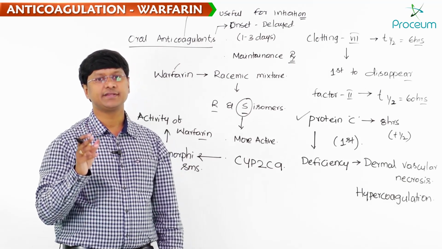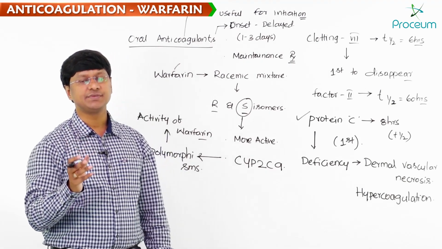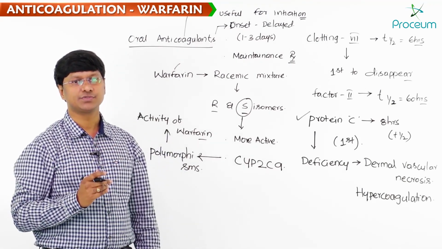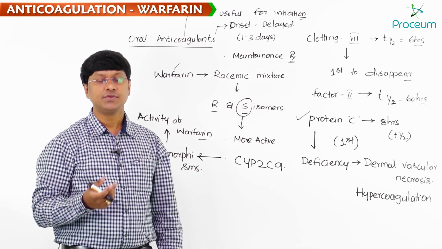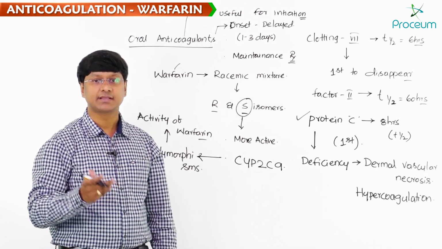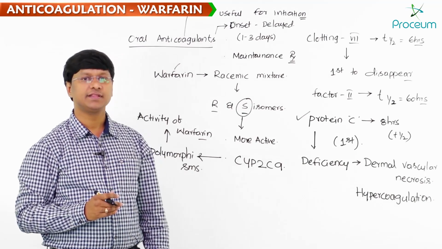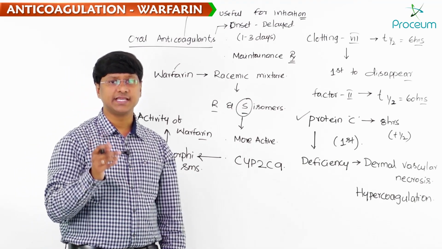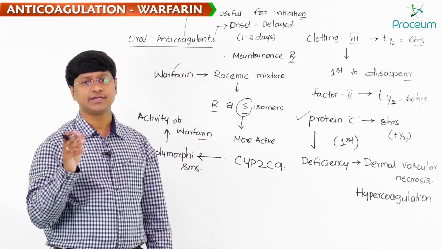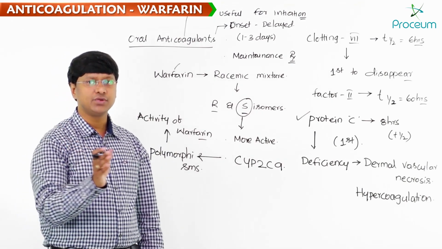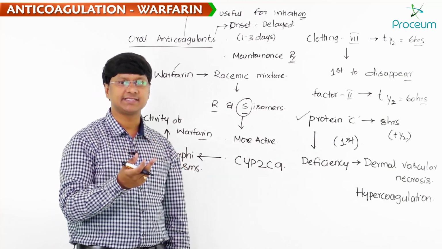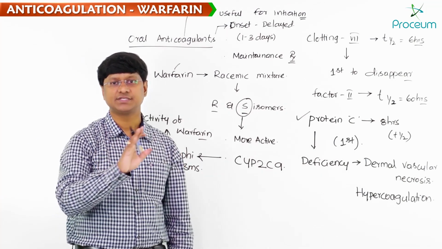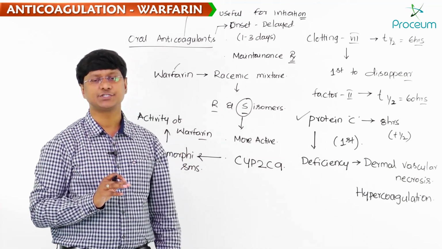So it is the first factor to decline, and its deficiency may lead to dermal vascular necrosis and hypercoagulation, which appear early after starting warfarin. Another point is that the effect of these oral anticoagulants is always delayed, developing gradually over 1 to 3 days, and that is the reason why they are used only for maintenance, not for the initiation of treatment.